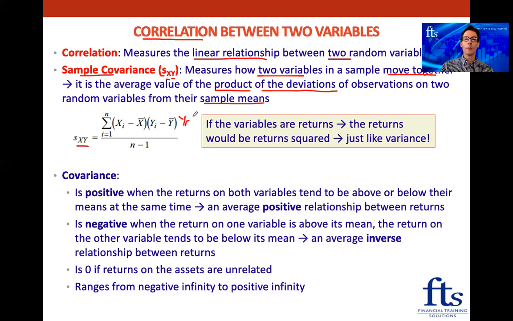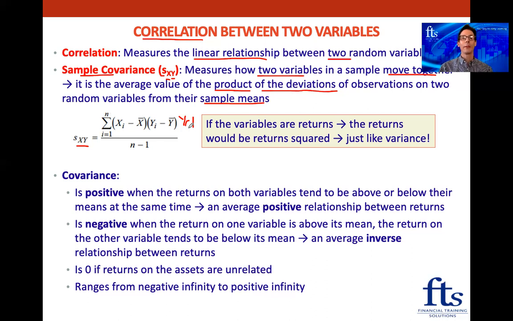Now, what we need to do is to take all of these deviations for each and every year. So how is X deviating from its mean in every year compared to how Y is deviating from its mean in every year? So we're going to do it for year one, year two, year three, however many years there are.